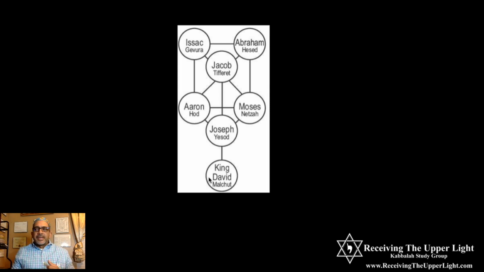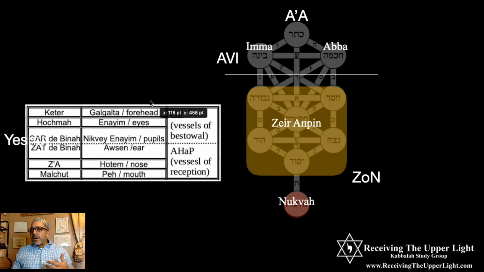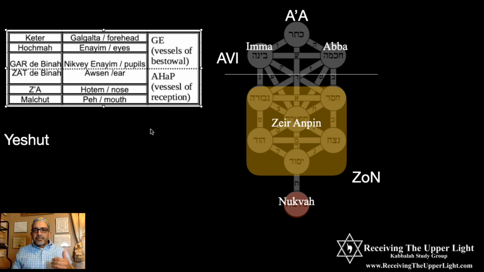We become this whole partzuf called Zeir Anpin. In that way, we are becoming a tree that is bearing fruit and is going to give its seed to the land, so all the trees can also grow. And that's what you need to have in mind, that you are going to work in order to become this type of conduit.